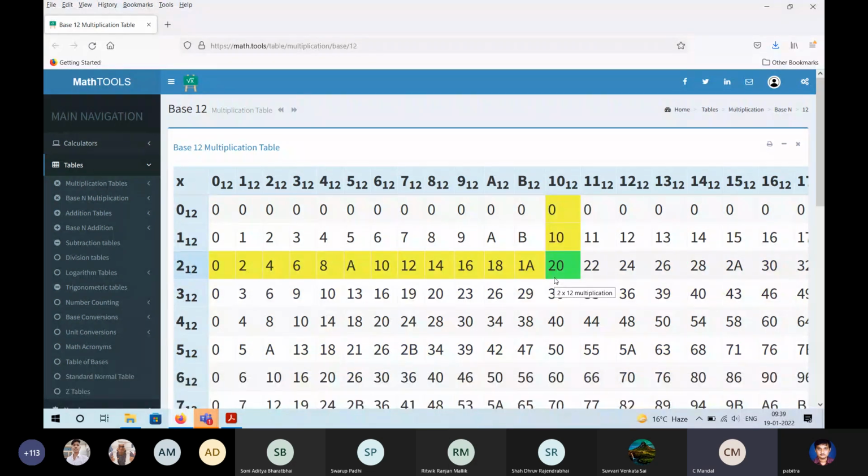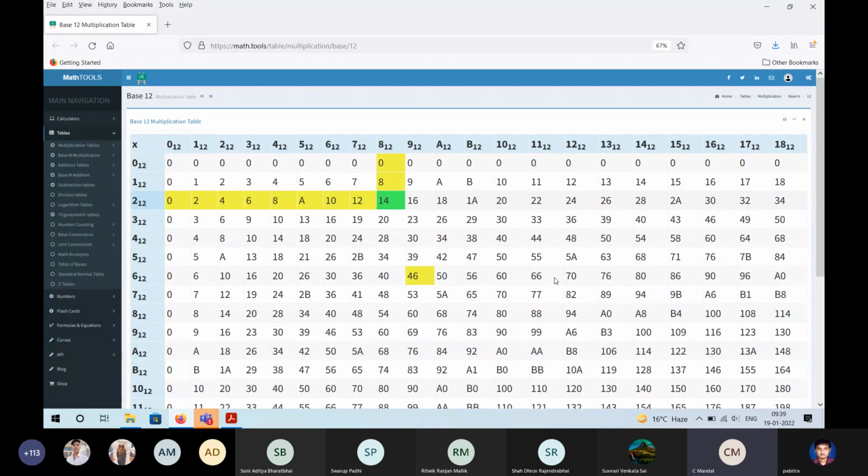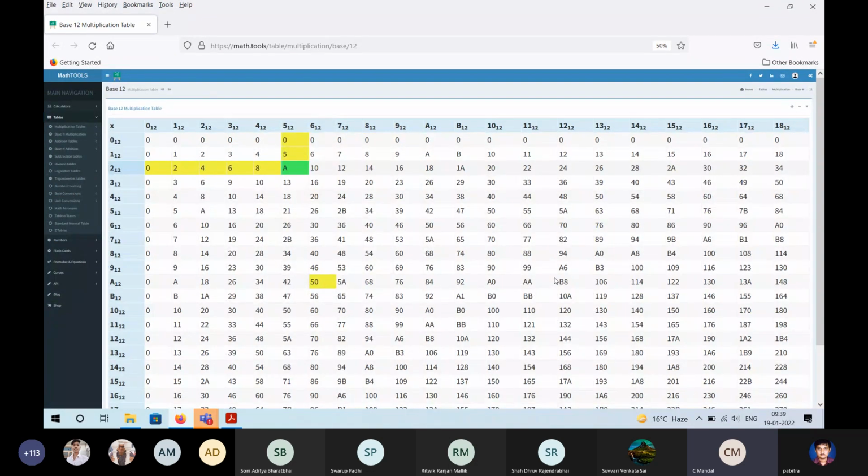So 548 is 5 times 100 plus 4 times 10 plus 8. 4 times 10 is basically 4 times A. If you compute that, it is 34 in base 12. You can just consult this table. It is 34 in base 12.